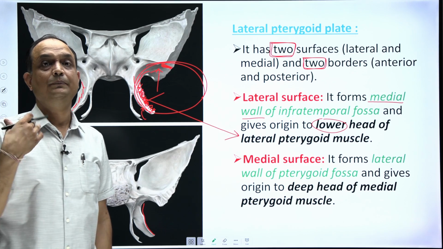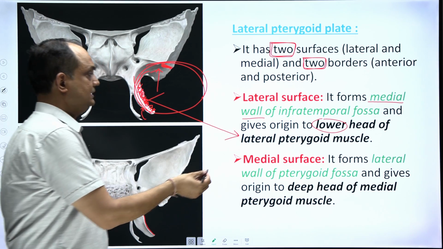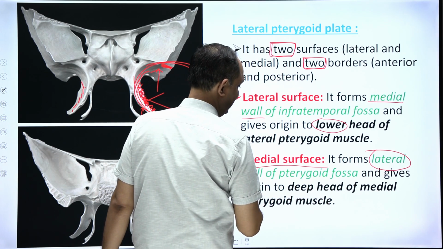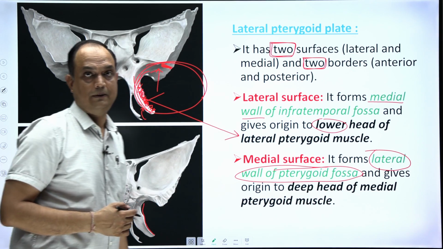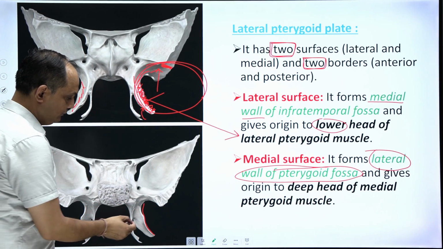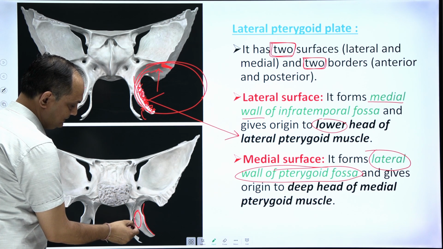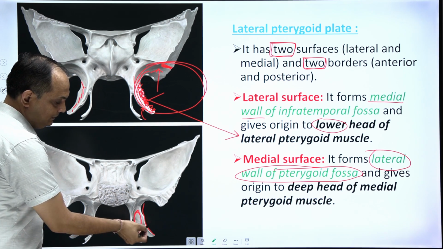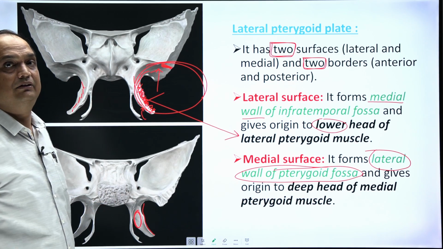Now, when we move to the medial surface of the lateral plate, this medial surface is going to form the lateral wall of the pterygoid fossa. I just told you what the pterygoid fossa is. Pterygoid fossa is nothing but a space between the lateral and medial pterygoid plate. So, this plate is obviously on the lateral side of the fossa.